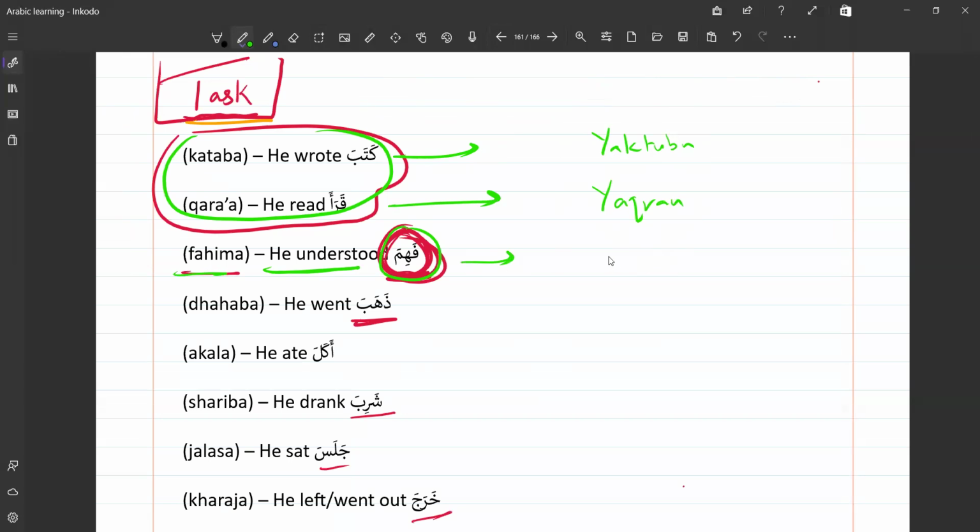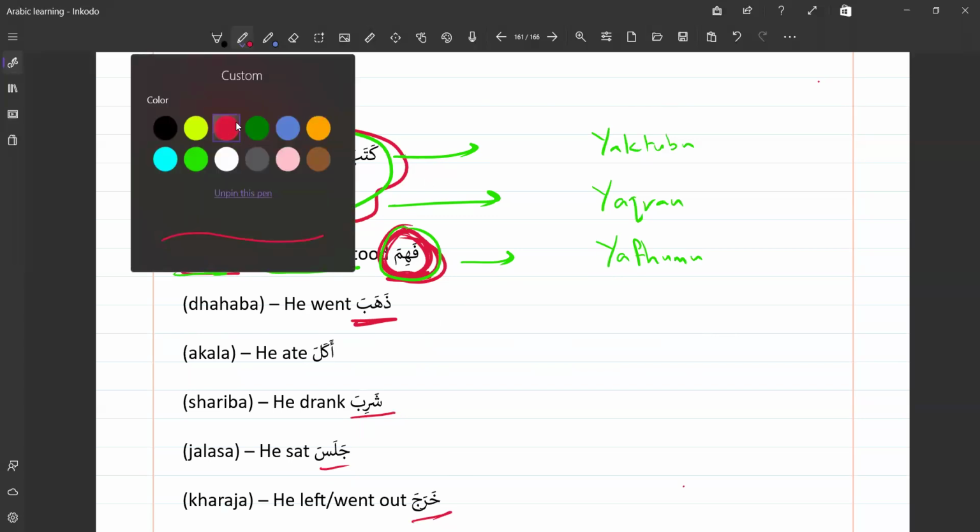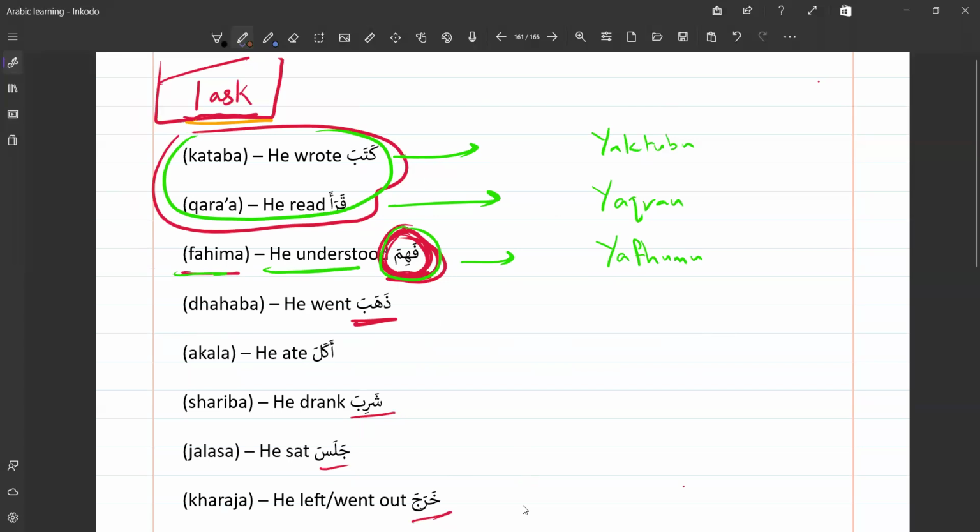And fahima becomes yafhamu. I am just telling you the first present tense word so that you can complete the remaining words.